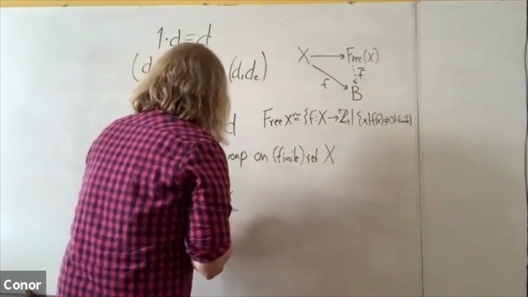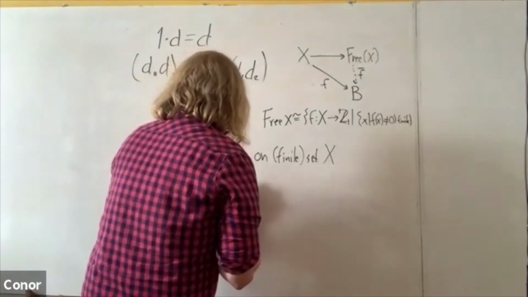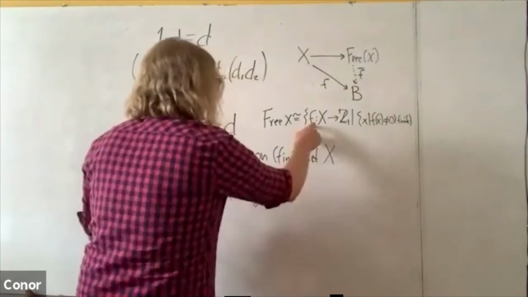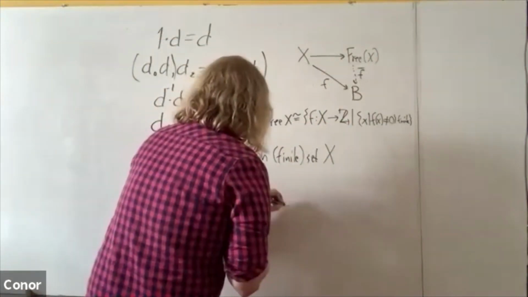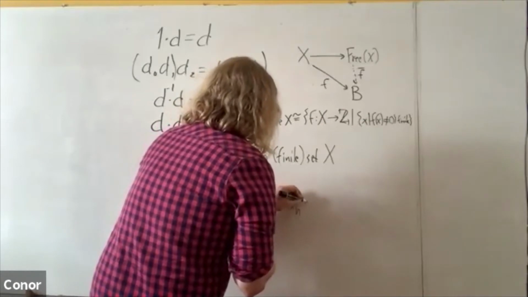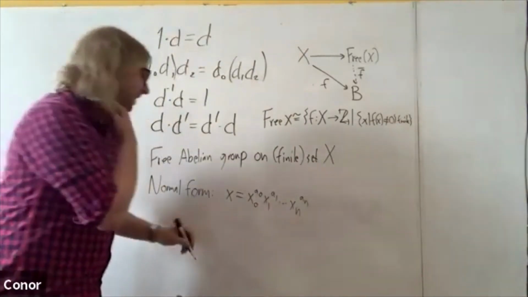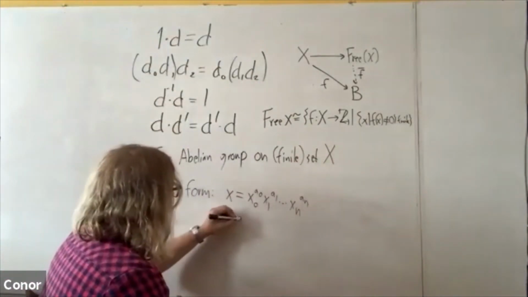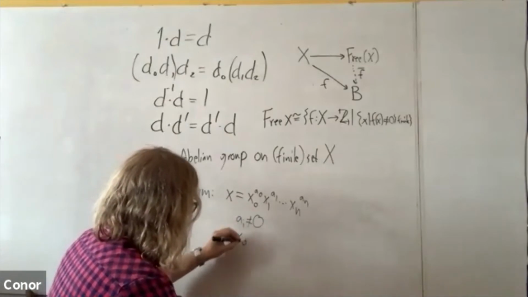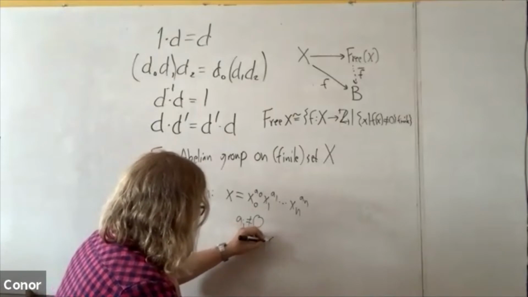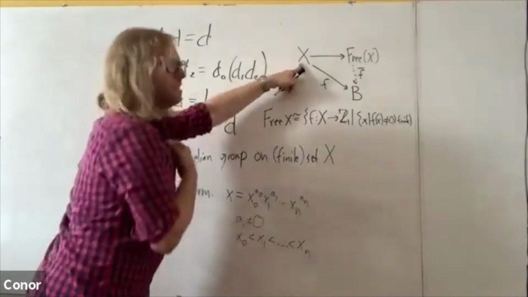Every element x can be represented as a finite list of x0 to some exponent a0, that's what this function tells me, x1 to a1, up to xn to an. Such that all the exponents have to be non-zero, and x0 is smaller than x1, etc. So this only makes sense if we have an order on the x, right?